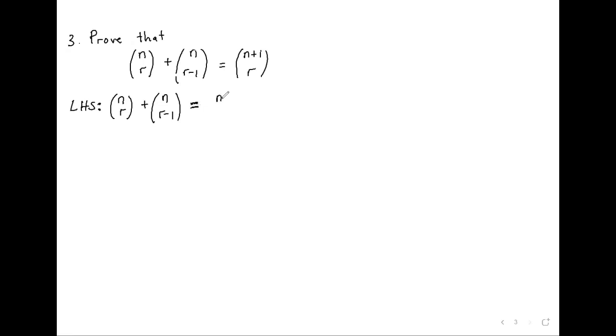So we have n factorial over r factorial, n minus r factorial, plus n factorial over r minus 1 factorial, and then n minus r minus 1 factorial. By definition, we're just placing here in the definition.